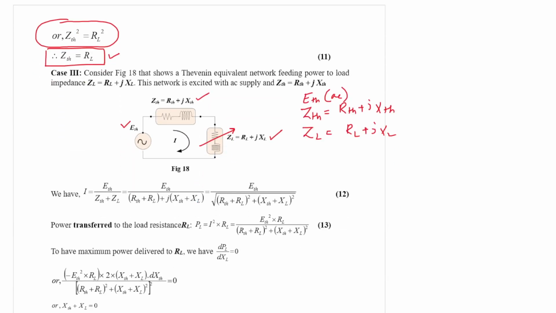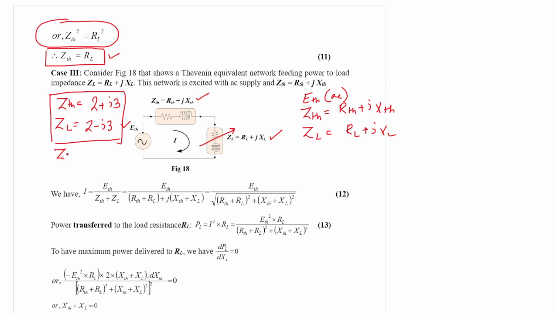What does it mean? Let us give an example. Let us say ZTH is equal to 2 plus j3. When ZL becomes ZTH conjugate, that means 2 minus j3, then maximum power will be transferred from source to load.